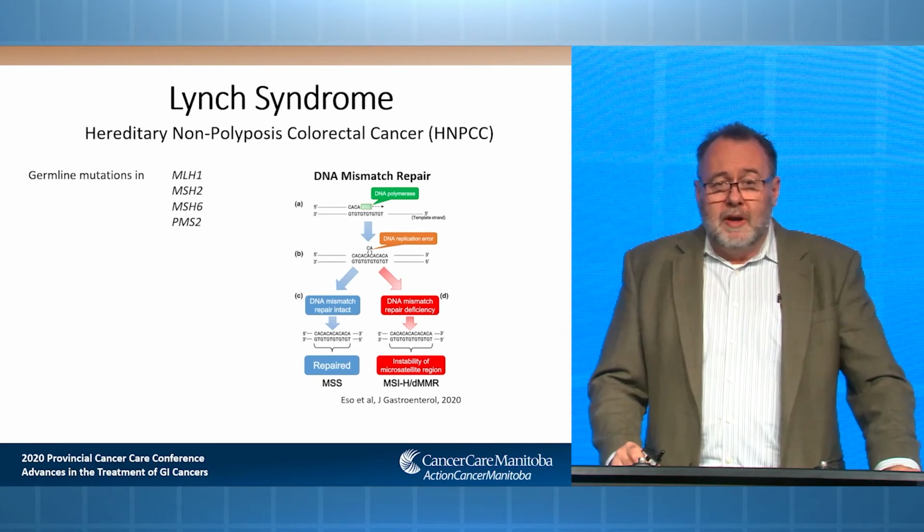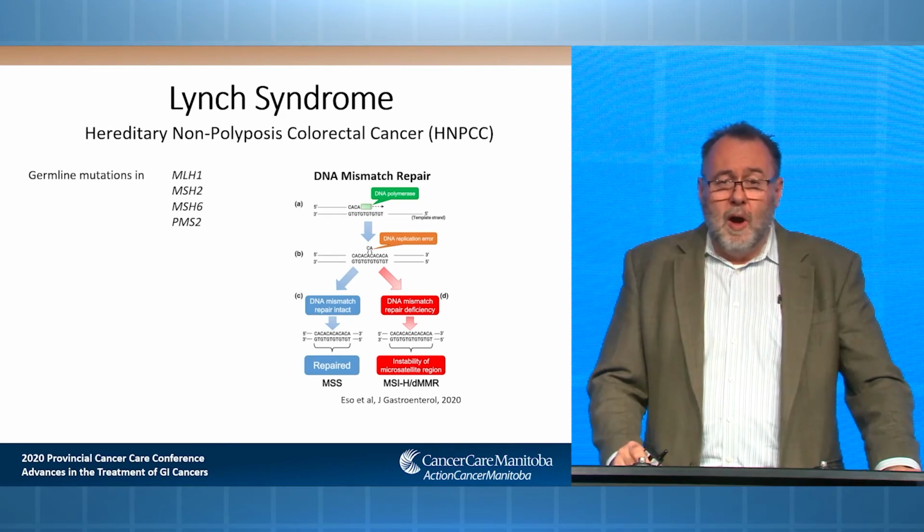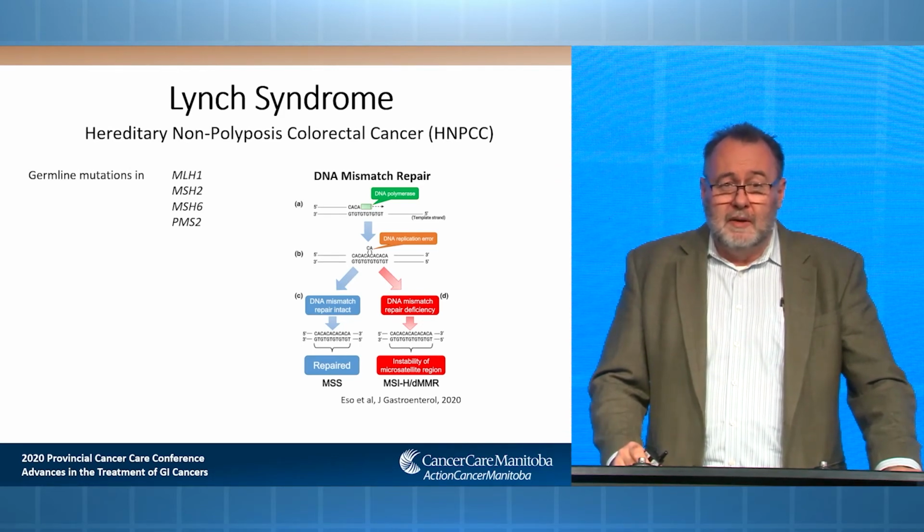The function of the proteins encoded by these genes is to detect and repair mismatches which occur commonly and randomly during DNA replication. Because the colonic crypt is a high turnover epithelial system, the replicating cells frequently acquire these mismatches and they need to be repaired.